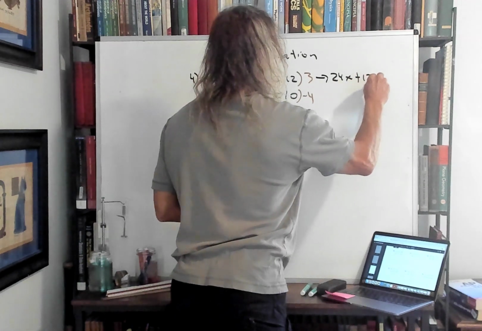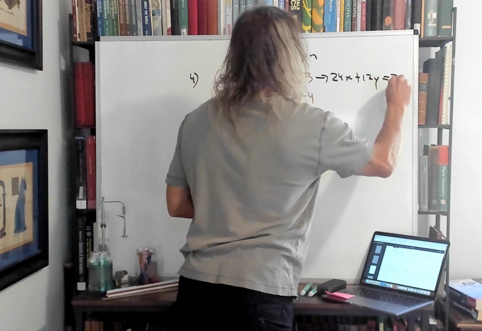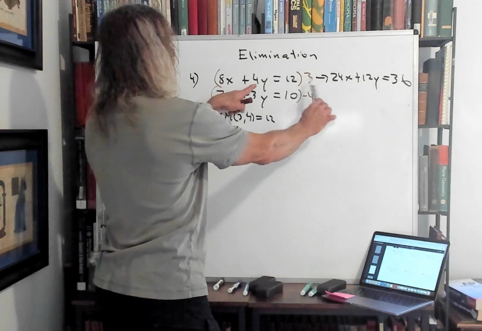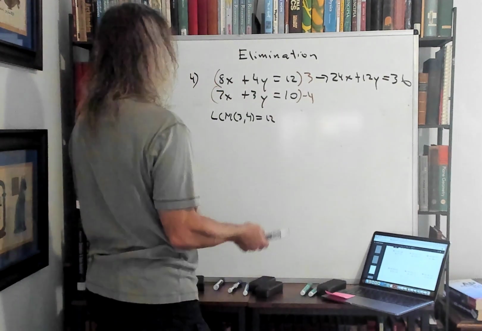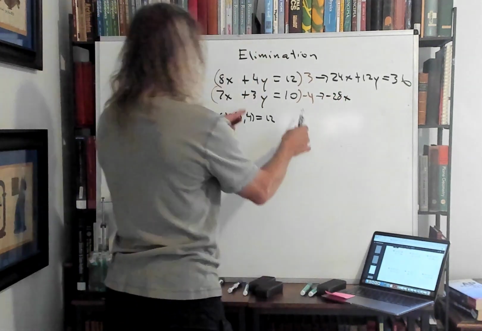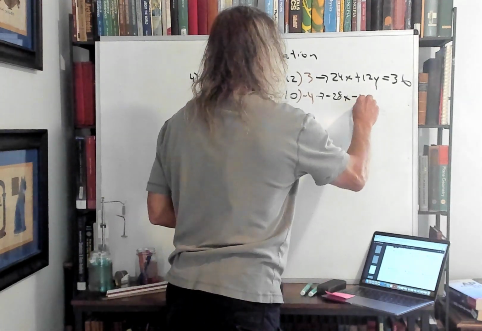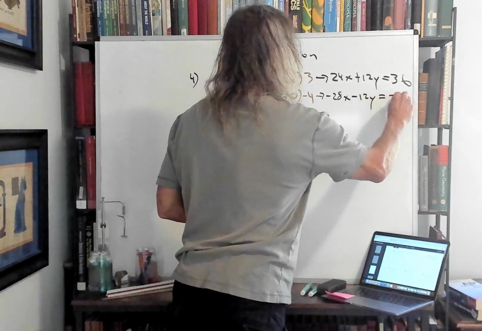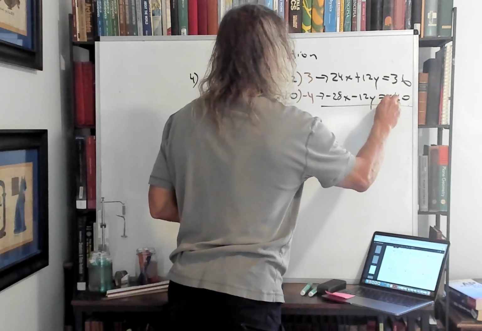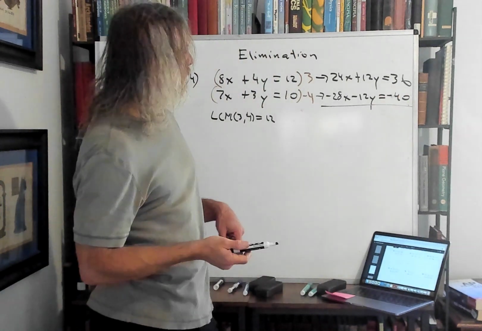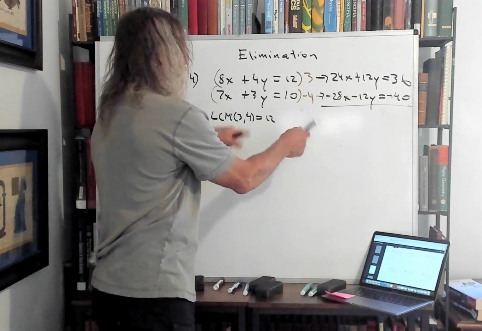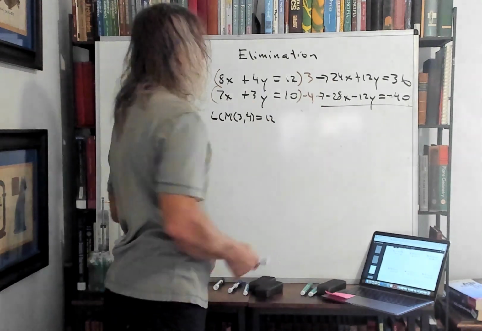24x, 12y is 36. 24x, 12y, 36, negative 28x, minus 12y is negative 40. Negative 28, negative 12, negative 40.